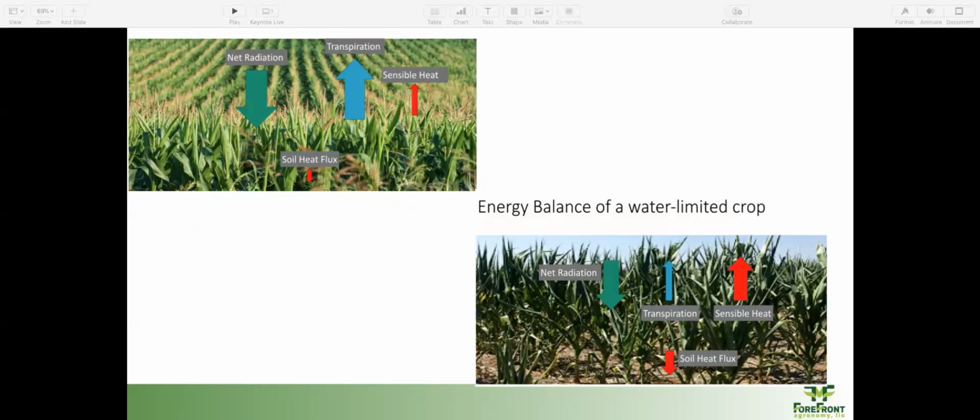Looking at what we're looking at here, we've got a good healthy plant up here at the top. And what we've got going on, we're collecting that radiation, we're transferring that light energy by using CO2 and water into carbohydrates that we're going to actually harvest and sell off of that crop. And we're not pushing off as much heat. We're not pushing as much heat down into the soil.